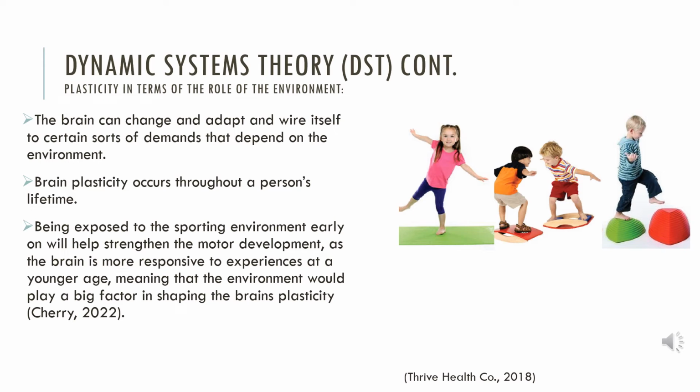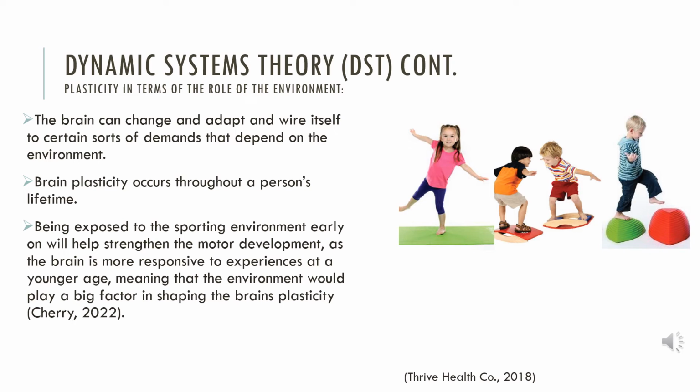Picture again a child with Down syndrome who has grown up in a household that has prioritized sport or these motor developmental skills. That child now has a distinct advantage due to the environment it has been exposed to. Brain plasticity occurs through a person's lifetime.